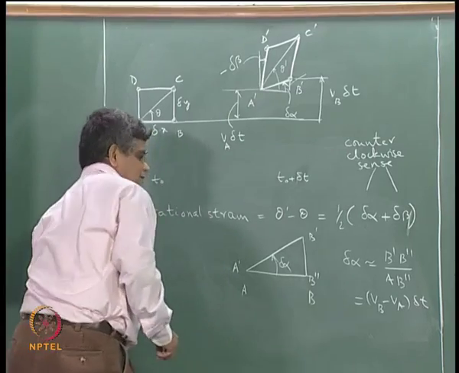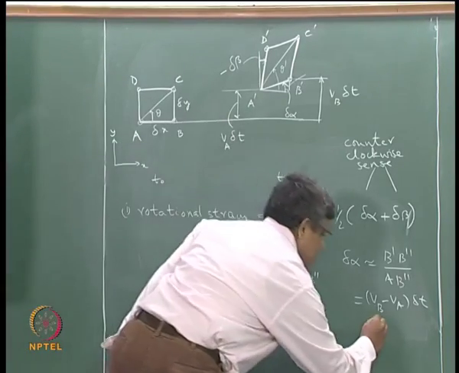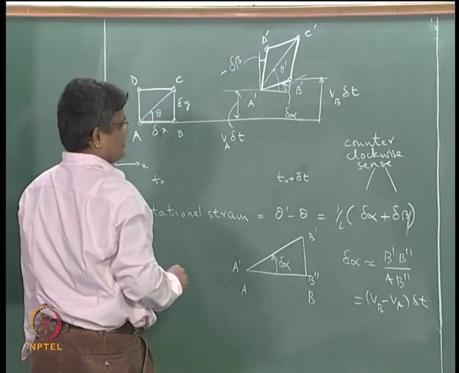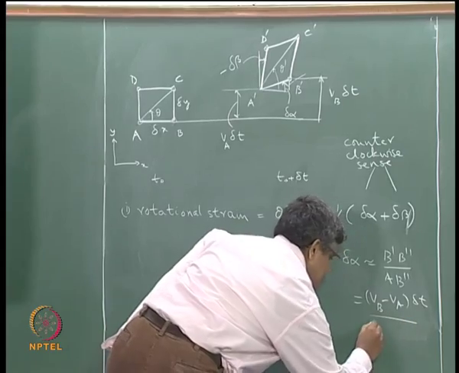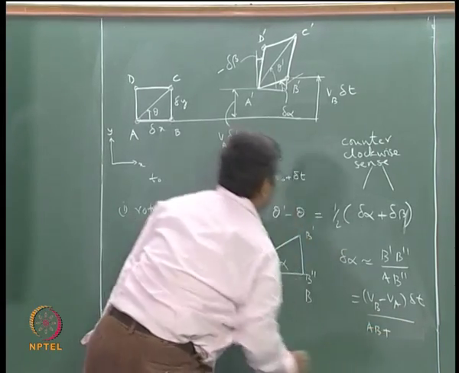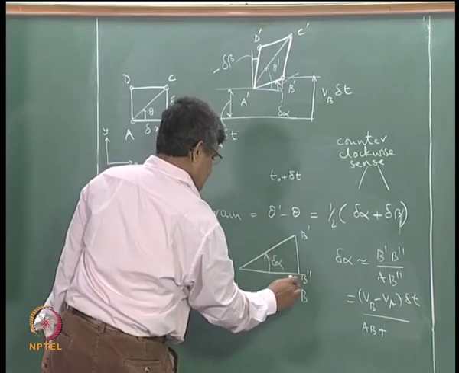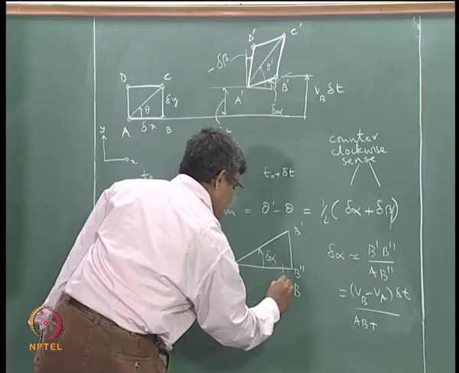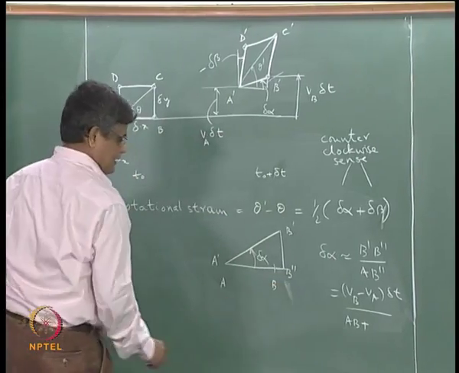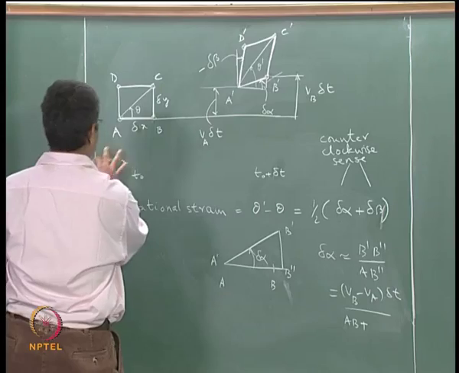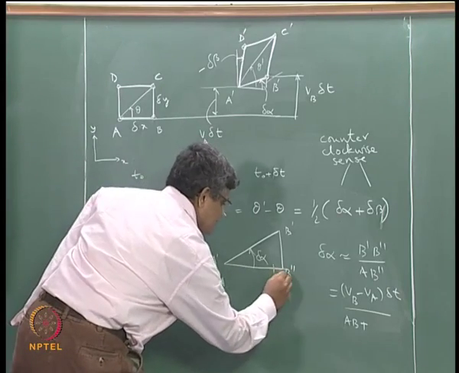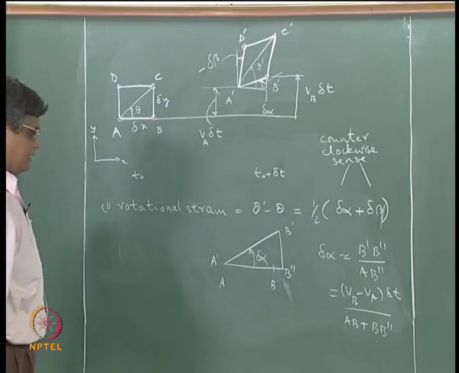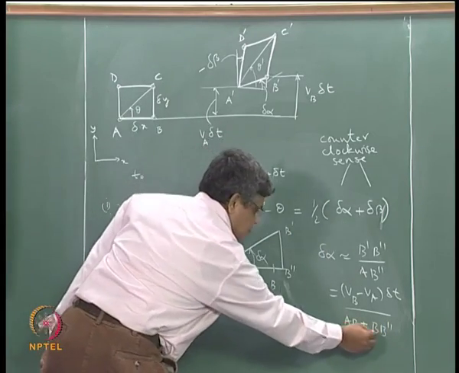And what is AB double prime? AB double prime is nothing but the original distance that was there between these two, which is AB, let us say that this is point B, so this is the original distance, this much, plus this B double prime. And what is B double prime?